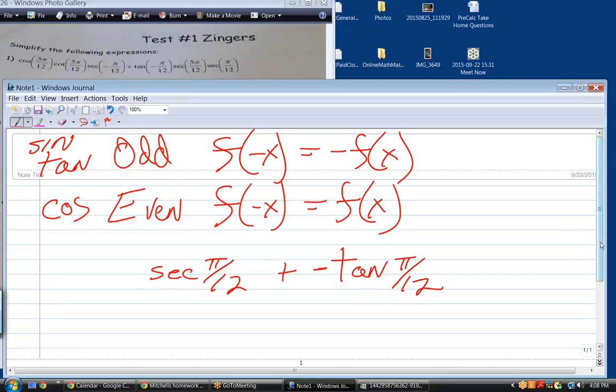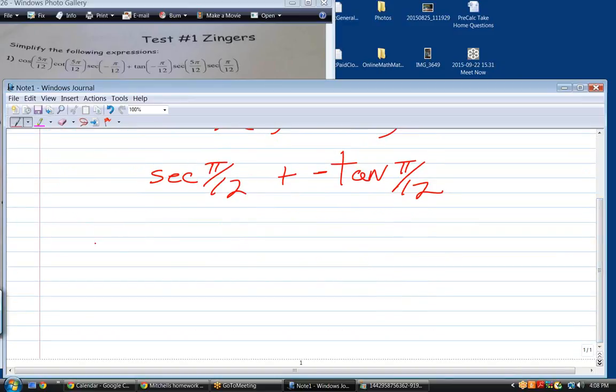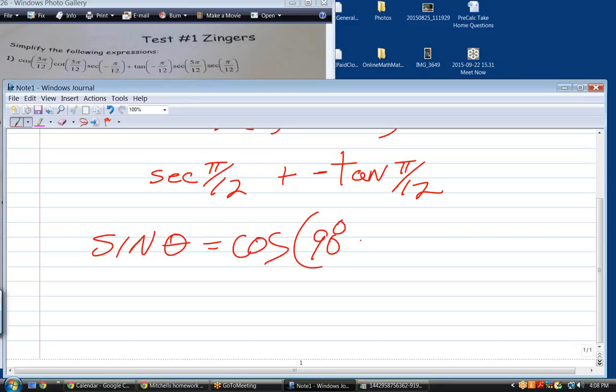Now, we talked about cofunctions, and I said the sine of theta is equal to the cofunction of 90 degrees minus theta. Well, when you're in radians, that's not 90 degrees. That's pi over 2.